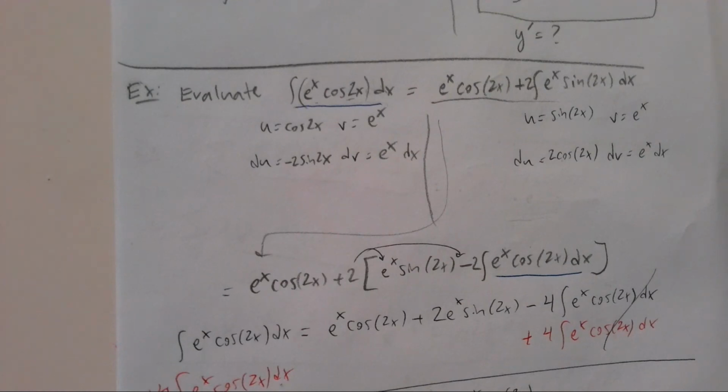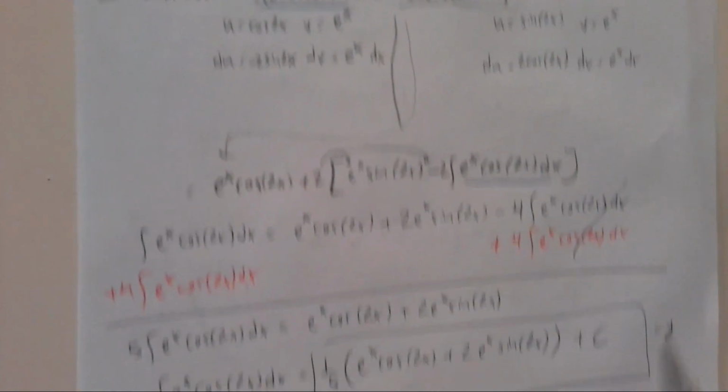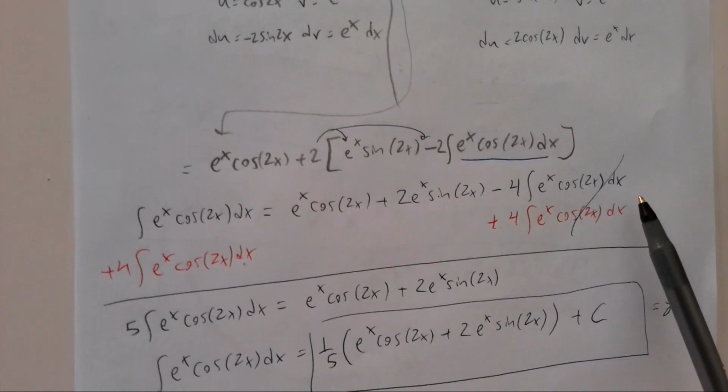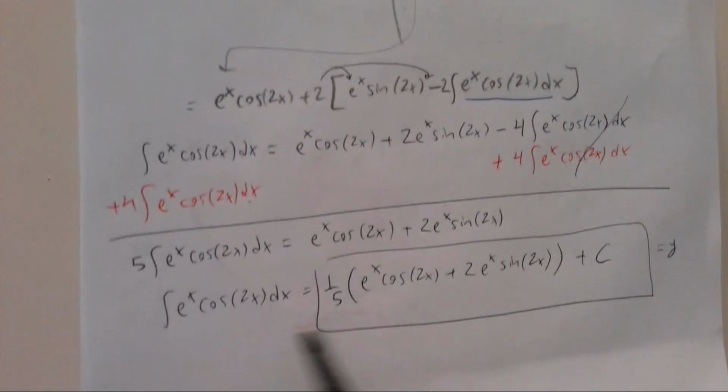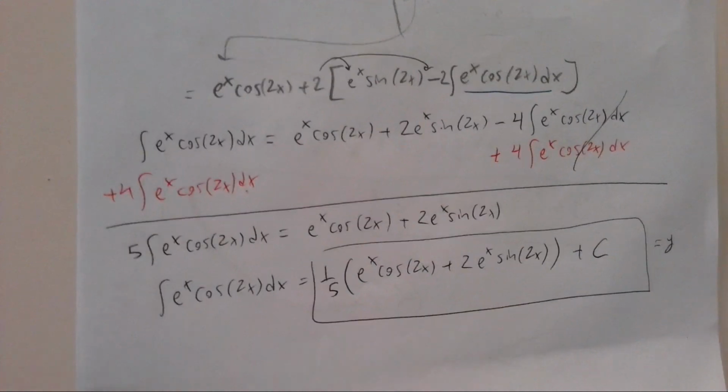And most often, what you're going to have to do is set up an equation like this one and solve for that integral, just like you would solve an equation from Algebra 1. The only difference is solving for an integral.